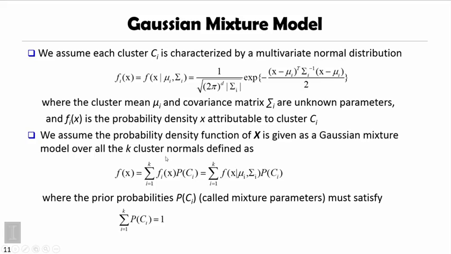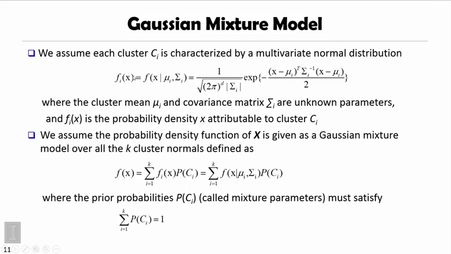Then we can assume the probability density function of x is given by all the k cluster normals from a Gaussian mixture model. That means the density function f of x is essentially defined by the summation over all the k clusters. For each cluster, the density function is f sub i of x, and the probability of this cluster is P of C sub i.